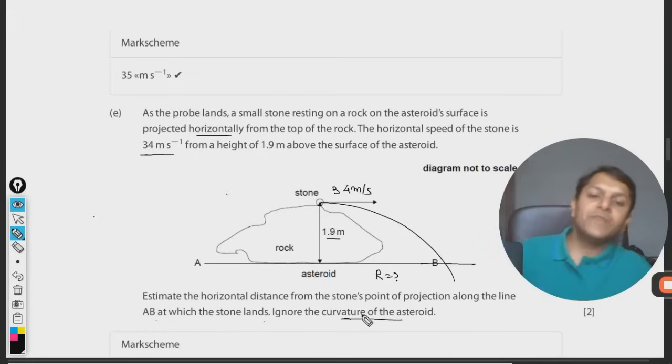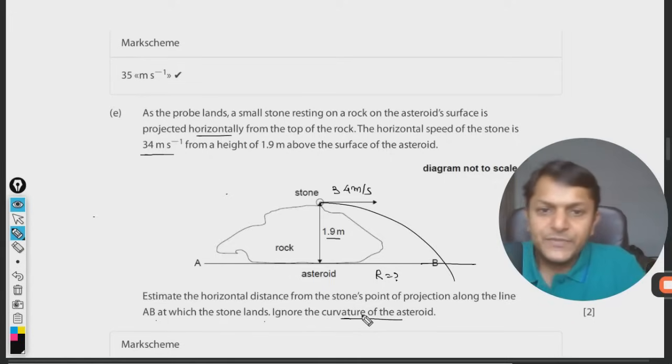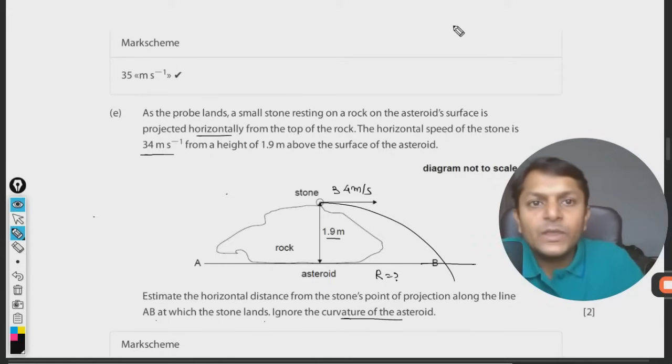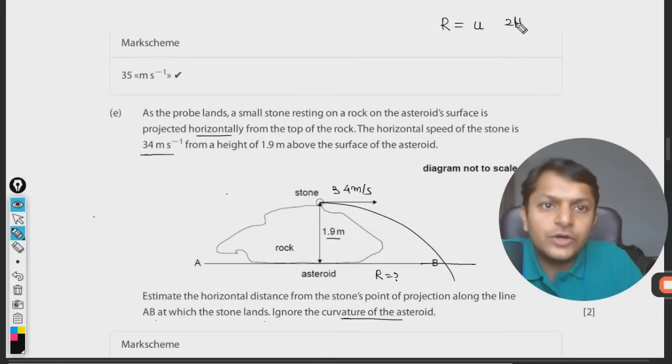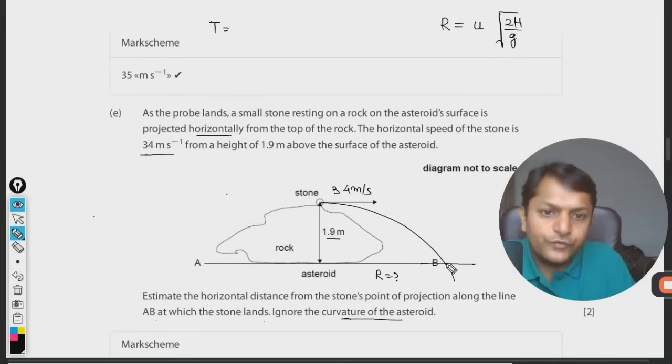Yeah, okay, no problem. So we have to just apply this, and if you remember, the formula for the range here is u into root of 2h by g. And the students, those who do not remember it, what we do in this kind of case, first we know the time of the flight, like the time it will take to fall here.